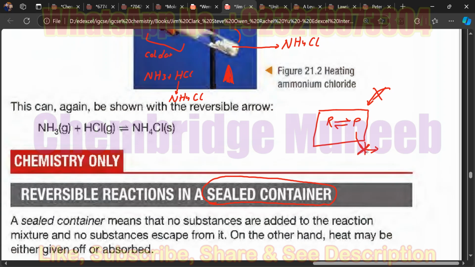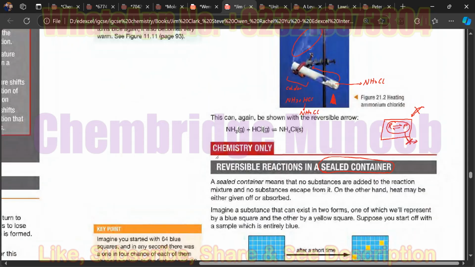That is called the sealed container reaction, or the reaction within the sealed container. So only the amounts of the reactants and the products are present within the sealed container.